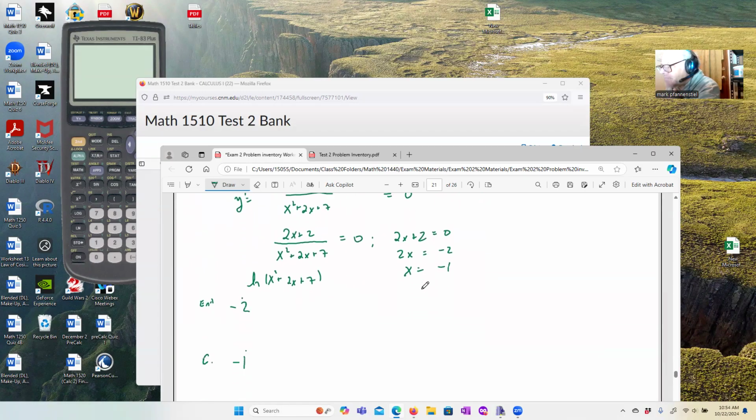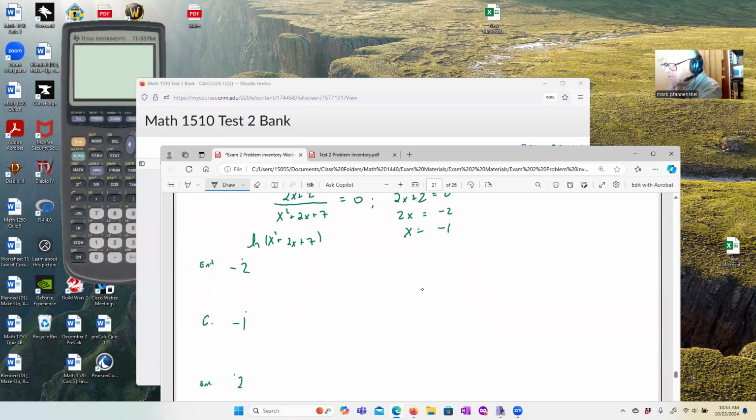When I plug in -2, we have the ln of -2 squared plus twice -2 plus 7. We end up with 4, so this is natural log of 4 minus 4 plus 7, which is the natural log of 7.